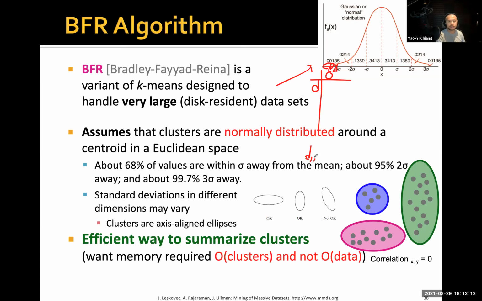So D1 to D10,000. Each of the students will have a GPA value, right? And for example, 3.2, 3.1, and so on. And if we say this student GPA variable is normally distributed, that means we can fit a Gaussian function, Gaussian distribution function on top of this data set.